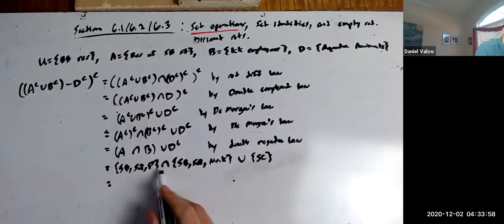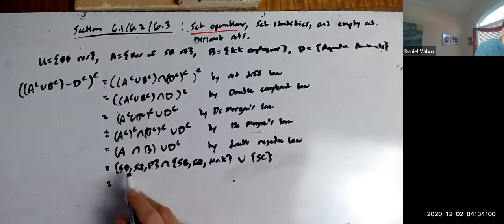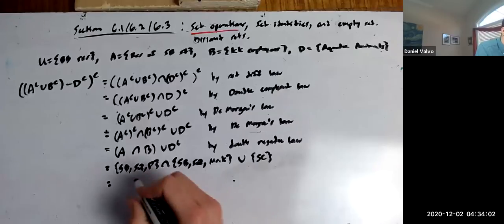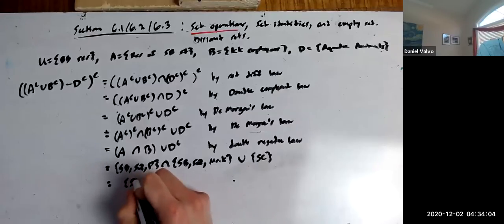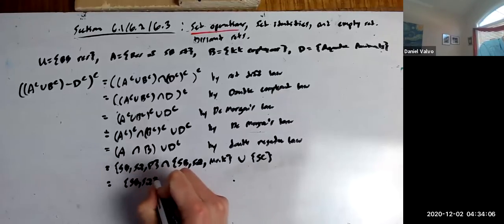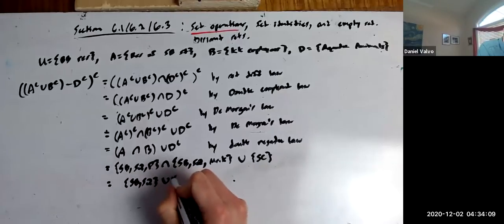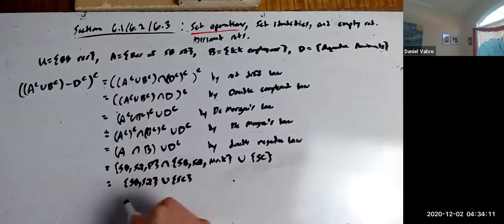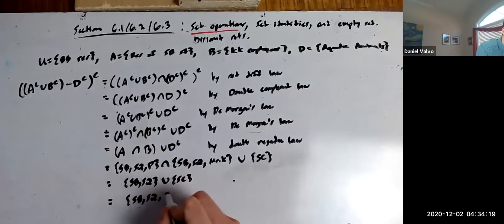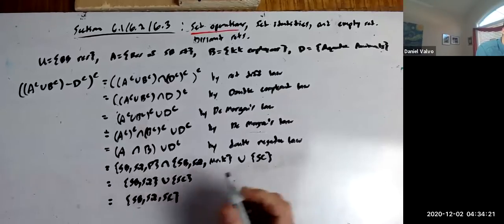And then we'll put these together. The intersection, the shared elements between SpongeBob, Squidward, Patrick, and SpongeBob, Squidward, and Mr. Krabs, is just SpongeBob and Squidward. We union that with Sandy Cheeks. And this is just going to equal SpongeBob, Squidward, Sandy Cheeks.